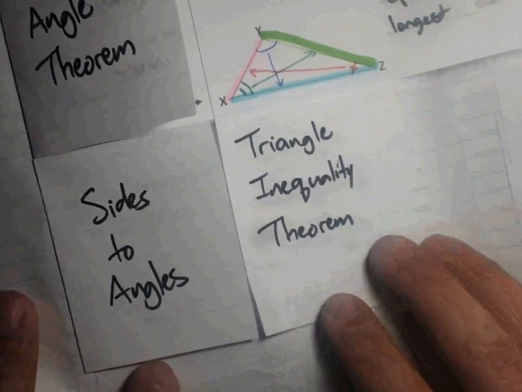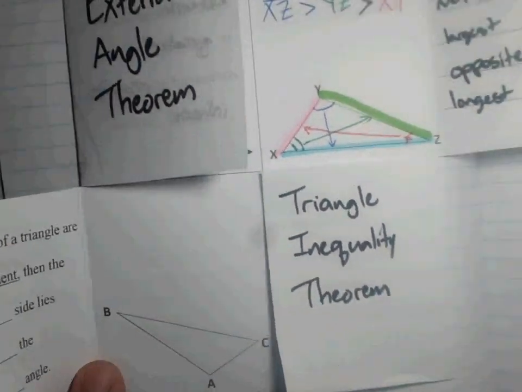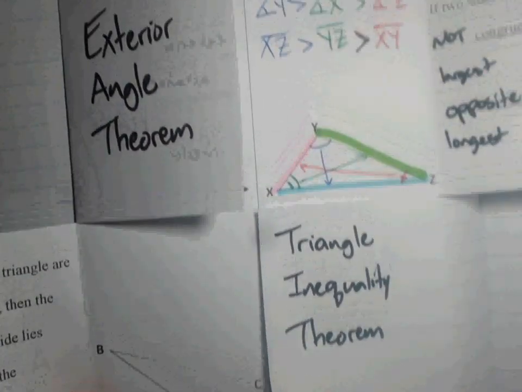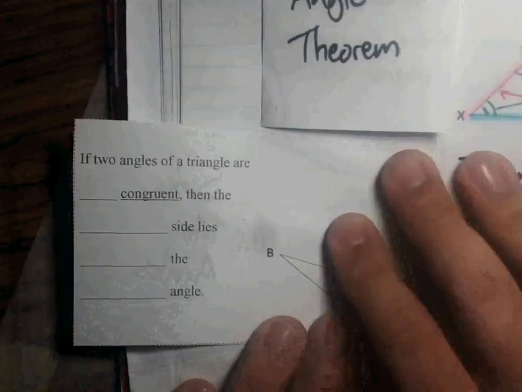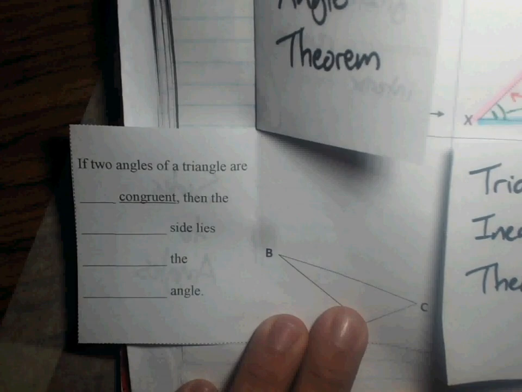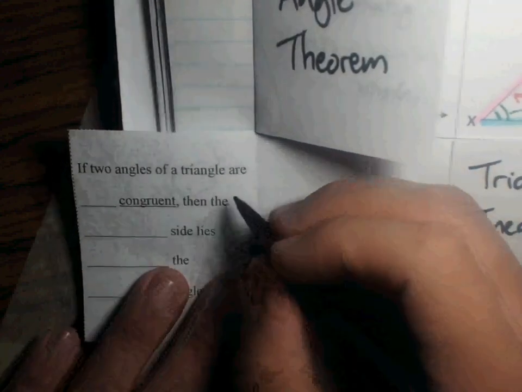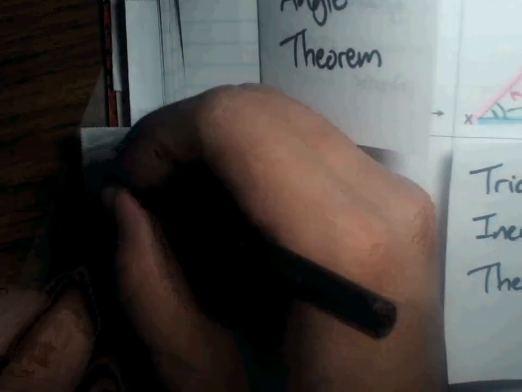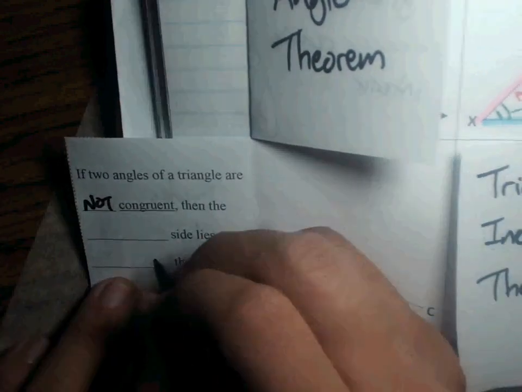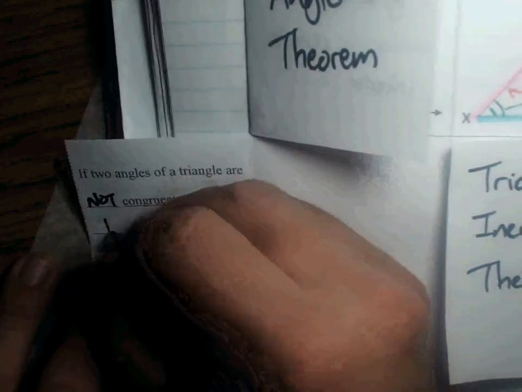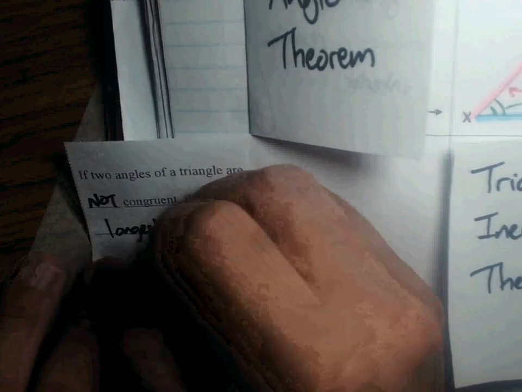We can get through this one a little more quickly because it's the same idea. So again, if two angles of a triangle are not congruent, then the longest side lies opposite.